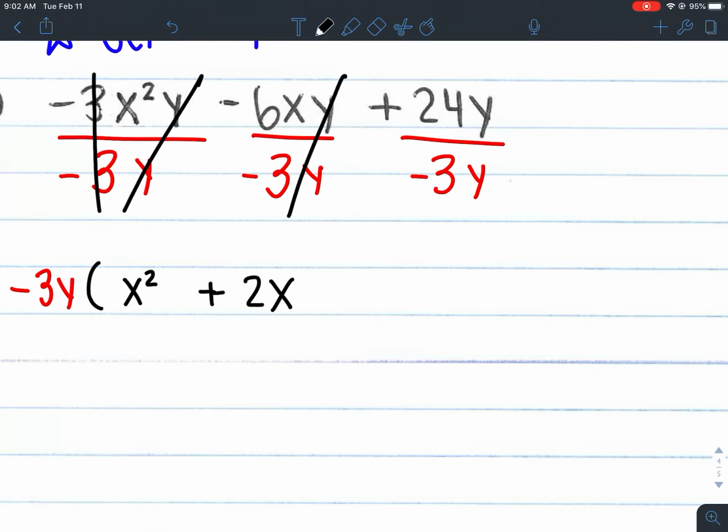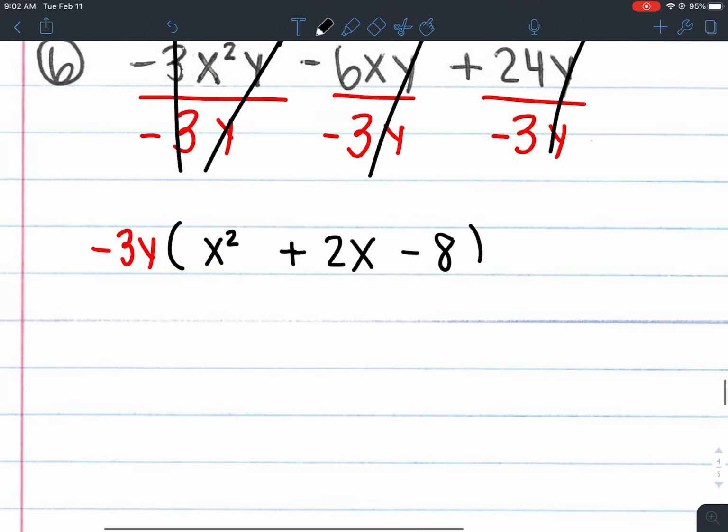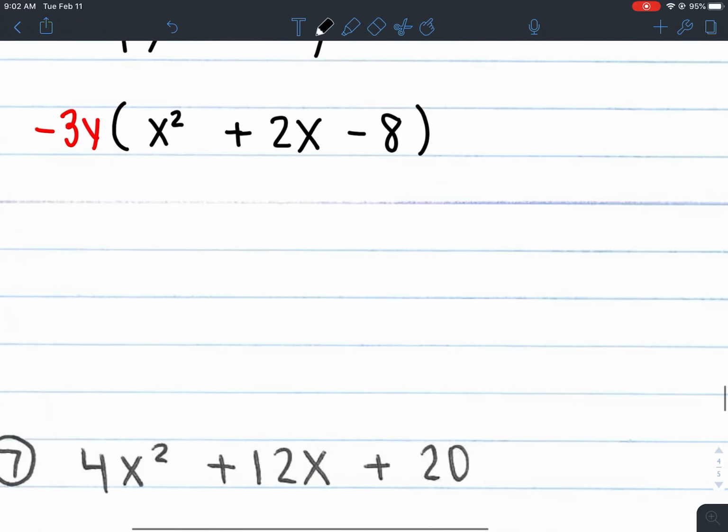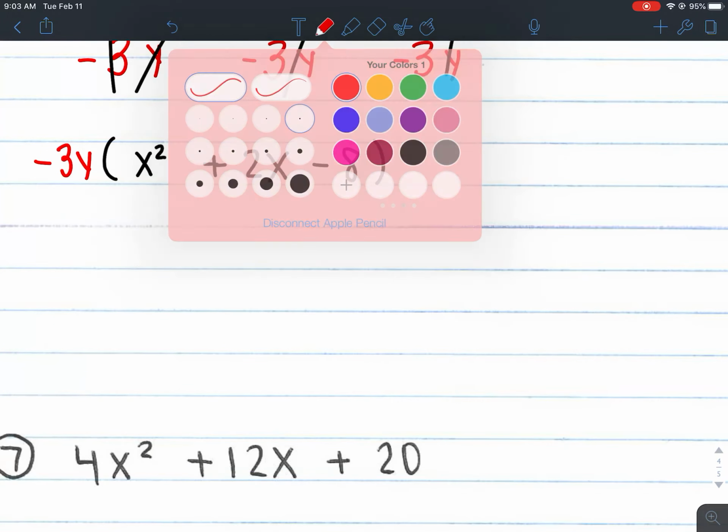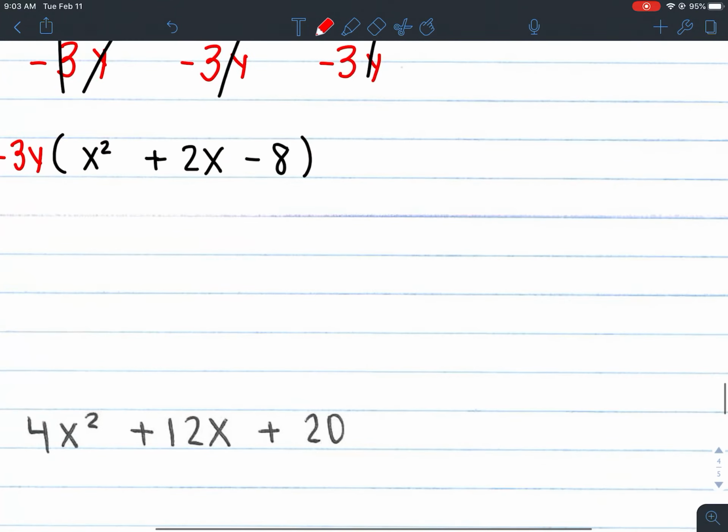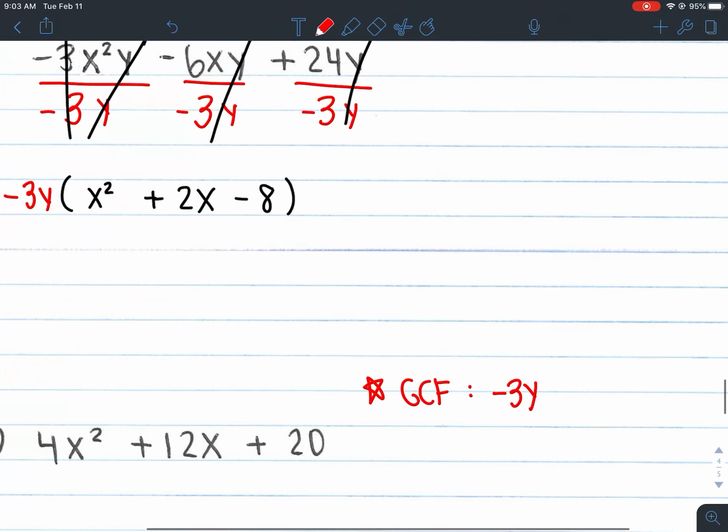Then I have positive 24 divided by negative 3, and that's going to be negative 8. And the y's cancel because y divided by y is just 1. All right, so now I have a trinomial. Again, I want to make a mental note to myself, that I have a GCF of negative 3y from the very beginning. All right.